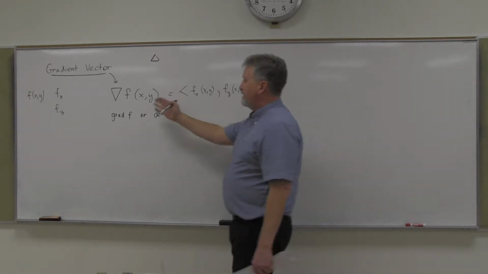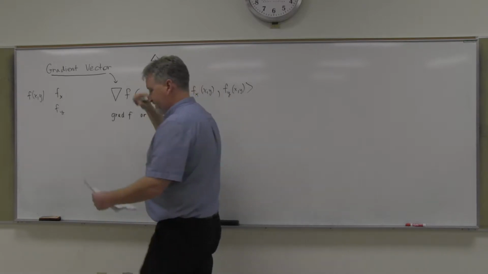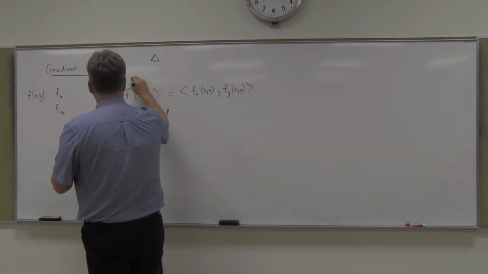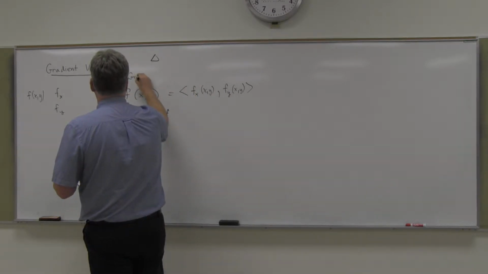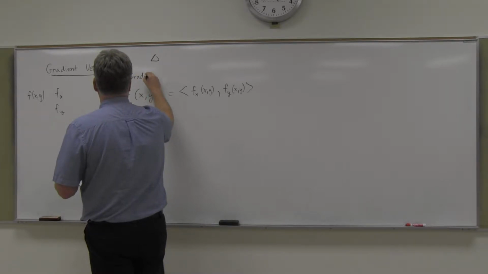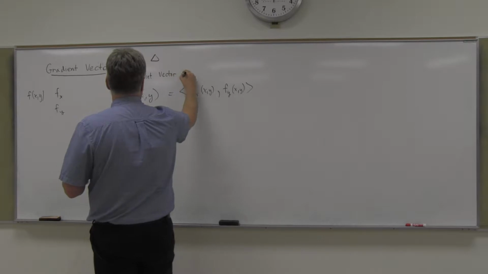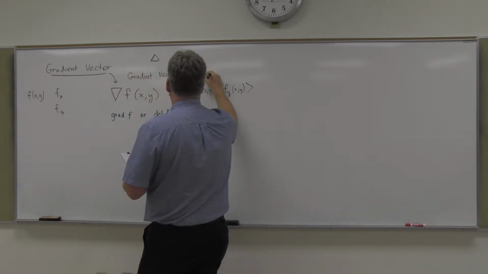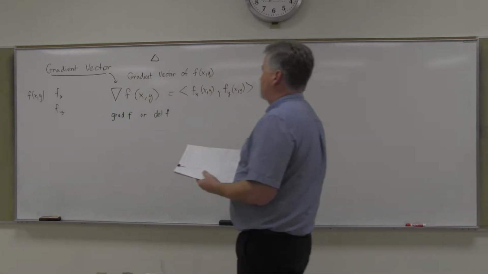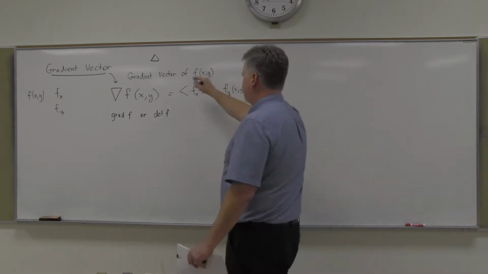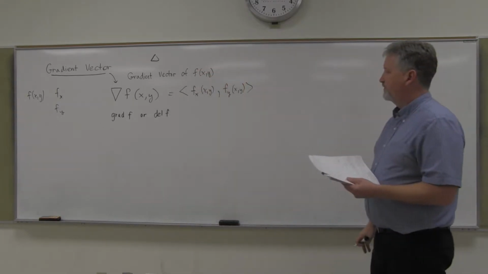So this is the gradient vector of f, a two variable function f. That's what this describes.